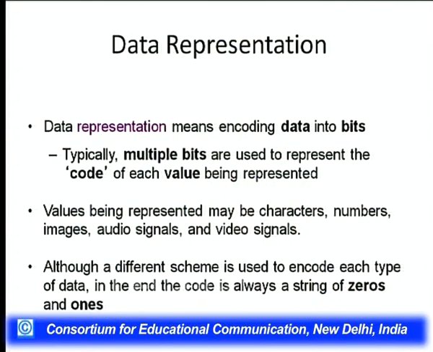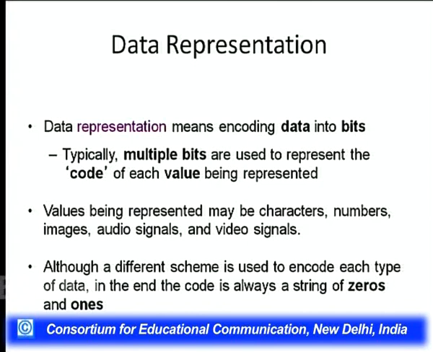We were talking about how data is represented in computers, and we said that data could be in any form like audio, video, text, visuals, images, graphics. Any kind of data in the computer is represented through multiple bits, and each bit represents a particular code, and the value of that code will represent a specific character.